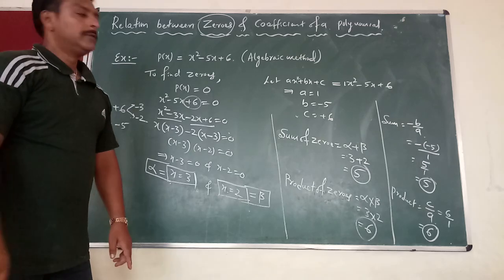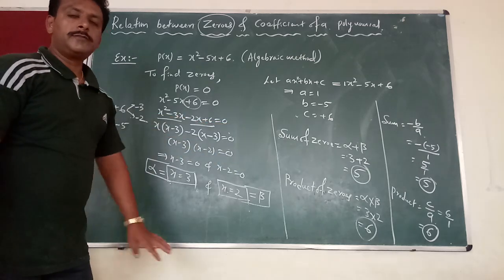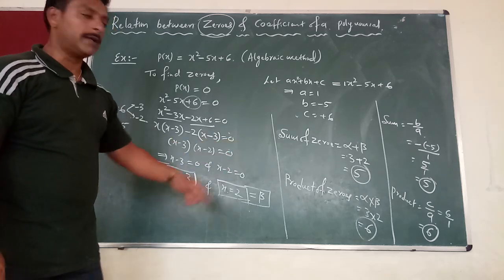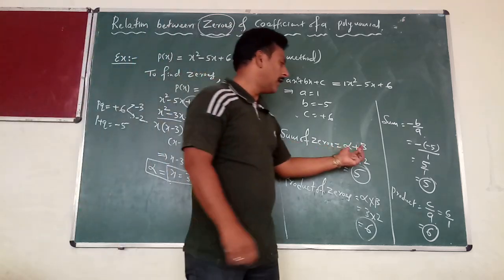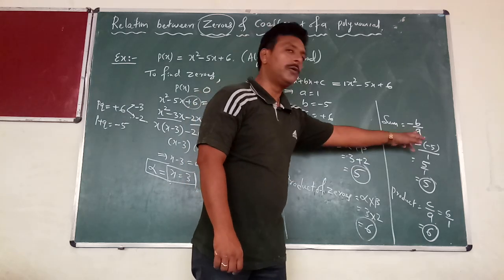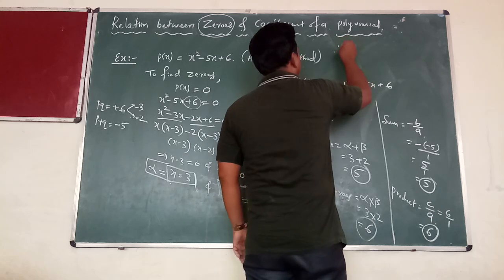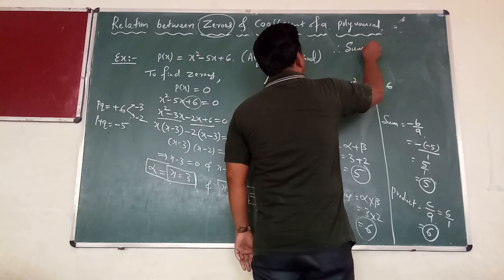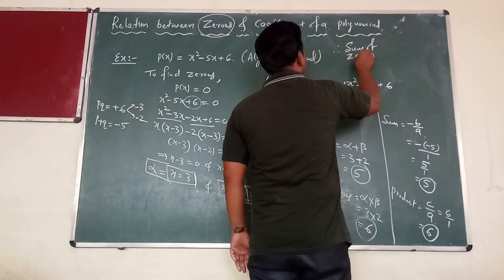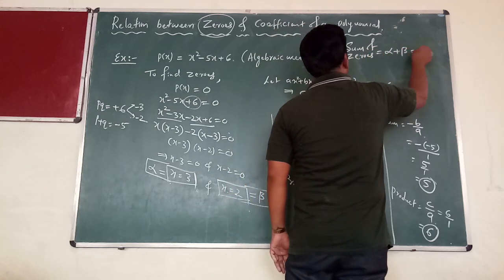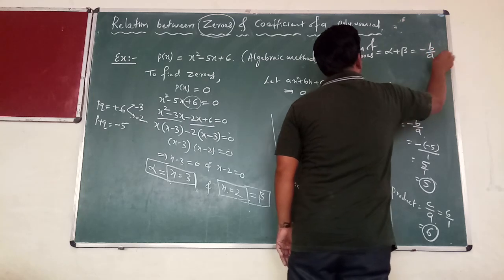Therefore, by comparing this, we can give the relation. Can you say what the relation is? Sum of the zeros, alpha plus beta, is equal to minus b by a. Therefore, I am writing: sum of zeros, alpha plus beta, is equal to minus b by a.